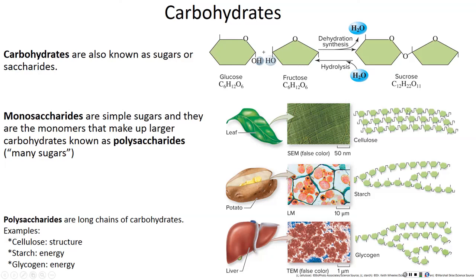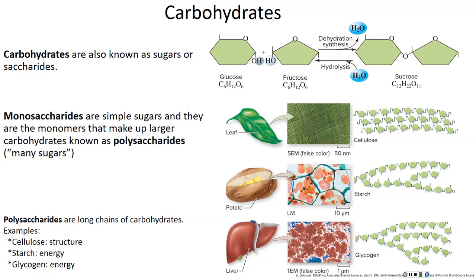Look how many sugars are in cellulose. And this is just a small portion of the leaf. There's hundreds, if not thousands, of these little sugars linked together. So again, polysaccharide means there are many individual sugars. The monomer is the monosaccharide, the polymer is the polysaccharide.